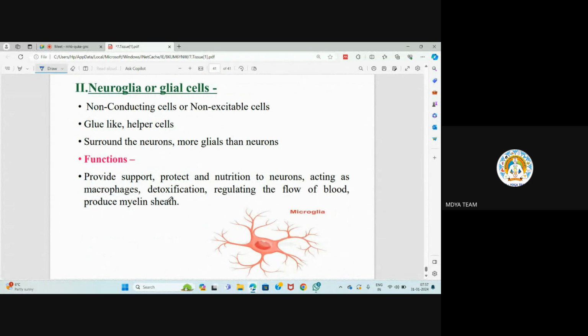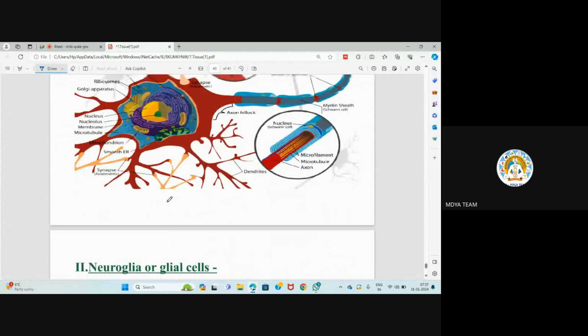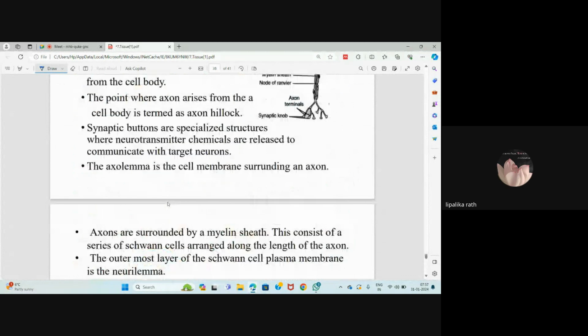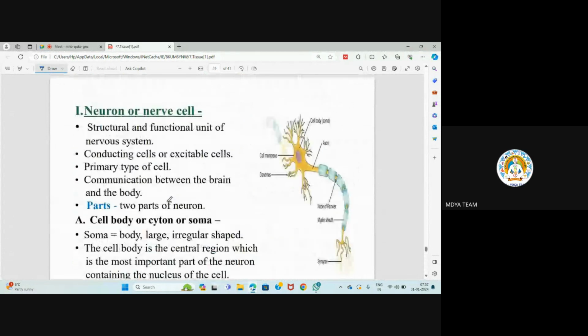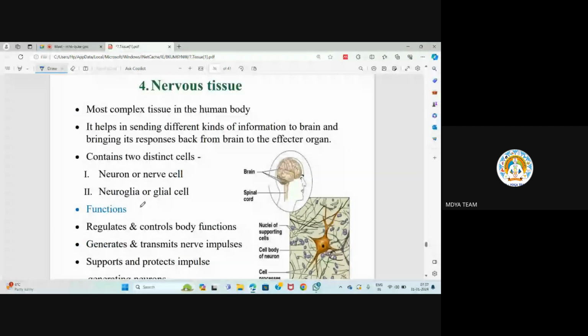Okay, you got the difference between neuron and glial cells? Yes, ma'am. We have already learned that we have two distinct cells in nervous tissue. First is the neuron or nerve cell.